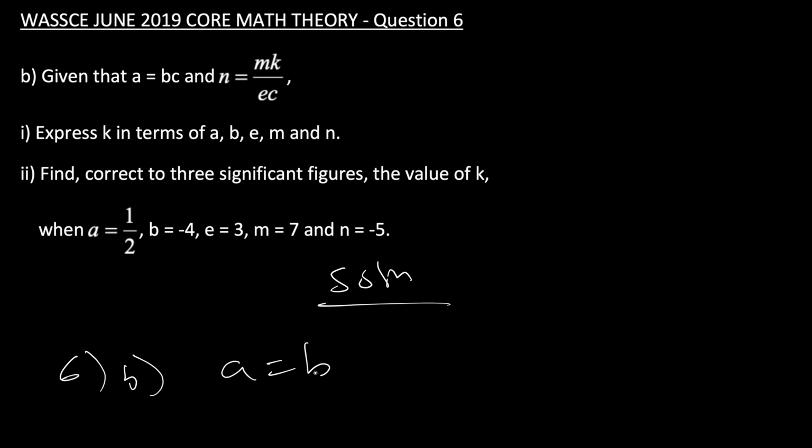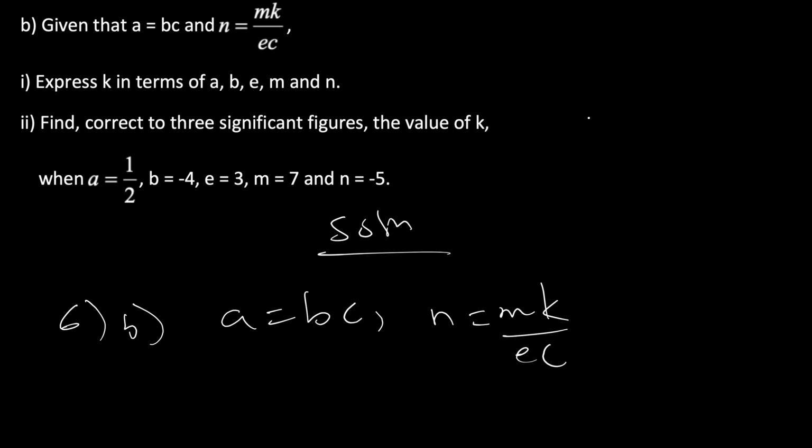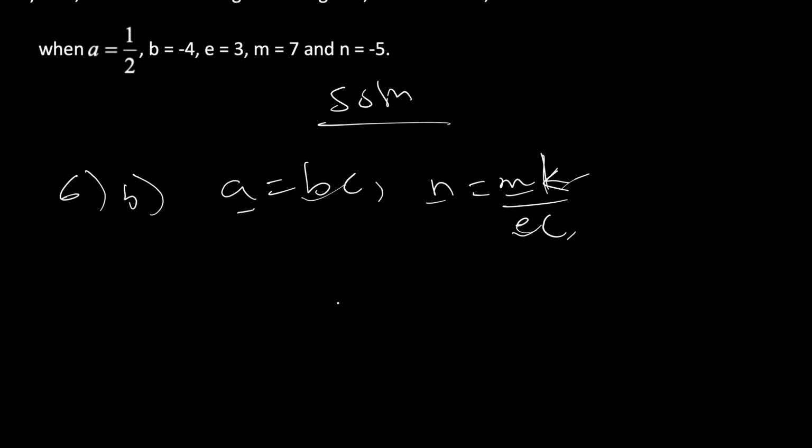So A is equal to BC and N is equal to MK over EC. And we are being asked to express K in terms of A, B, E, M, and N. So we need A, B, E, N, and M. We are expressing K, but we don't need C. So we need to replace C, but we know that A is equal to BC and C is equal to A over B. So we can replace C with A over B in this expression.